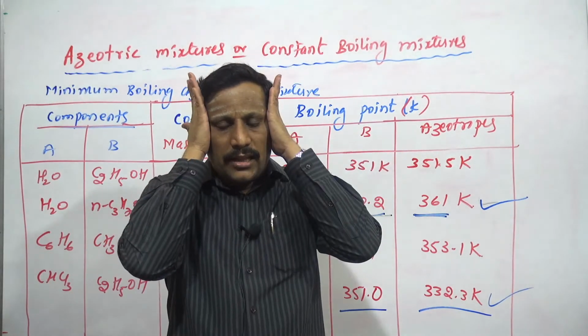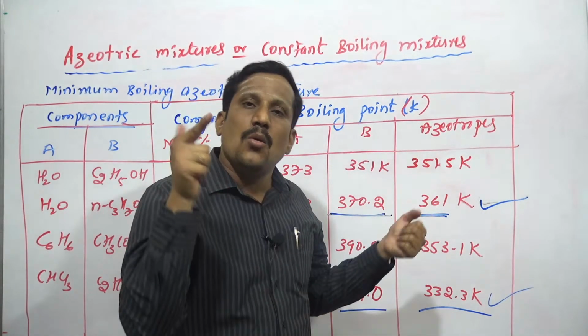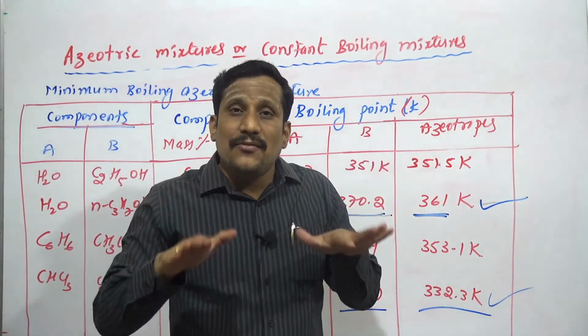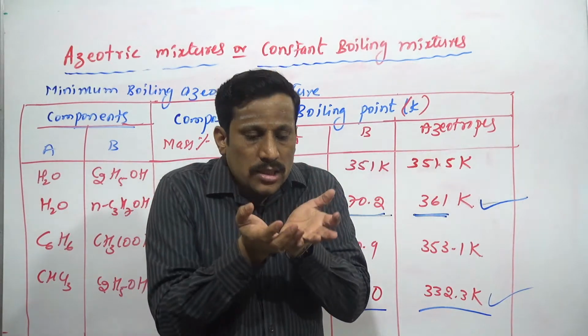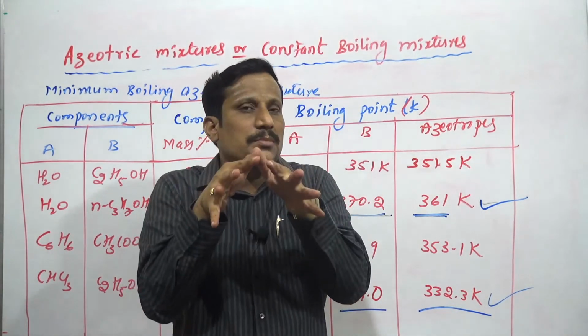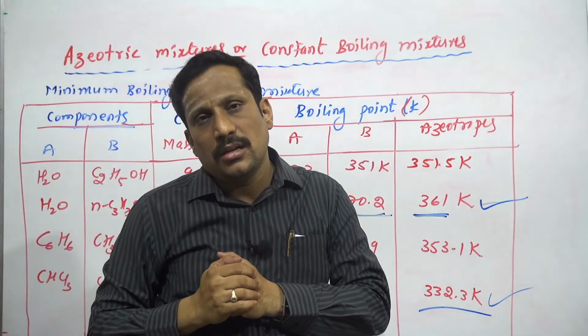See, think in this way. Why is ethyl alcohol not boiling at 300 Kelvin only? Why is it at 351 Kelvin only? Because at 300 Kelvin, a sufficient number of vapors are not coming on the surface of the liquid, so its pressure is not equal to the atmospheric pressure.